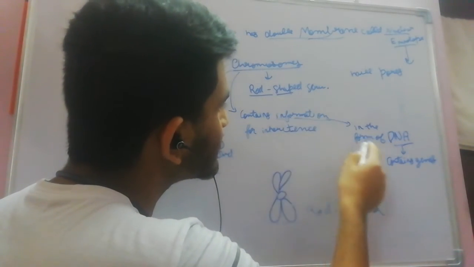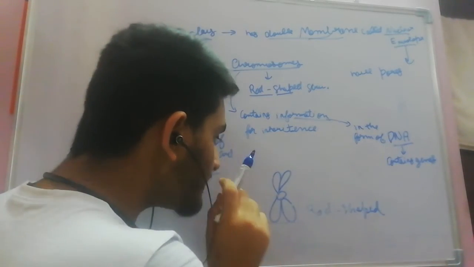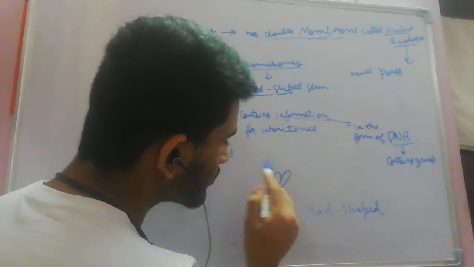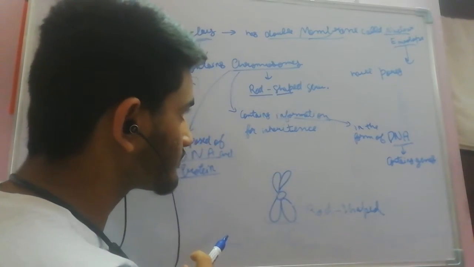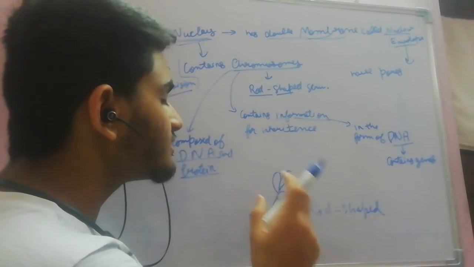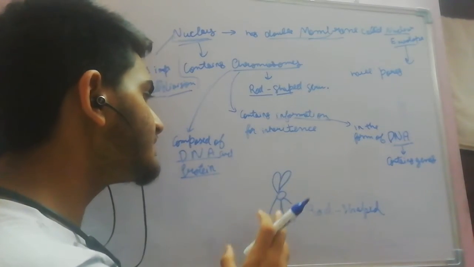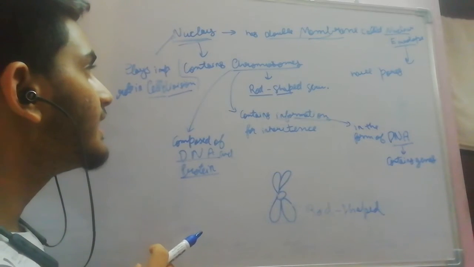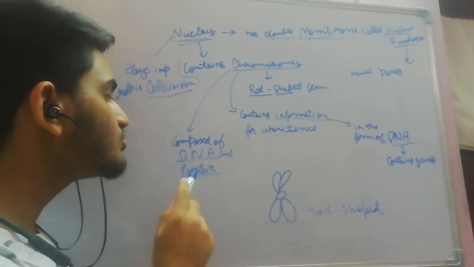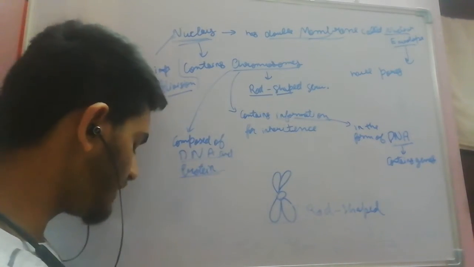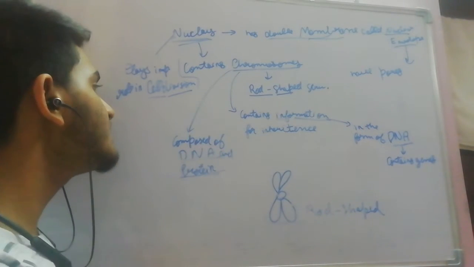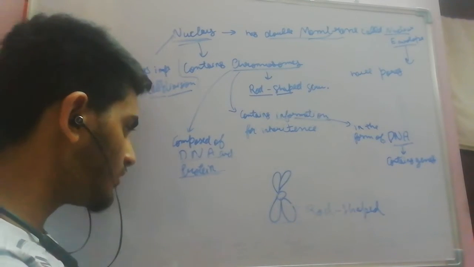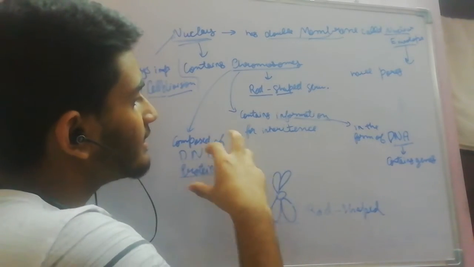In chromosomes we have DNA, and DNA also has genes. The chromosome is composed of DNA and protein. This is why the nucleus is very important for the cell and also for the body, because it contains the information for inheritance.